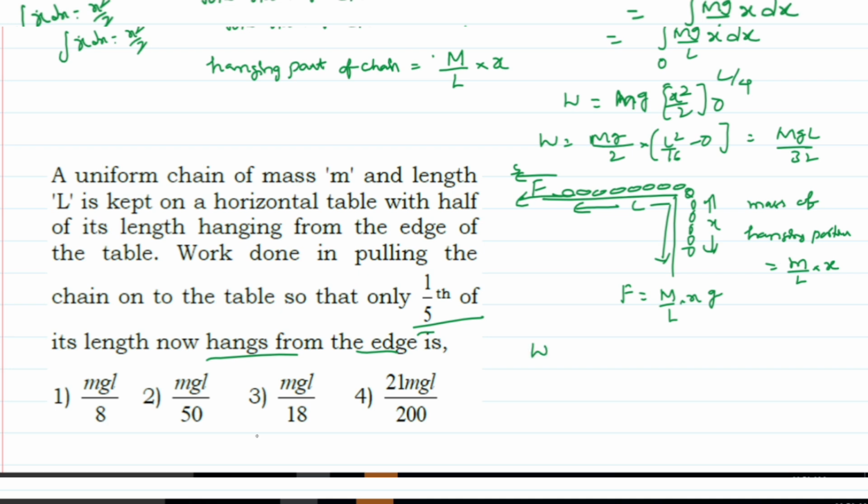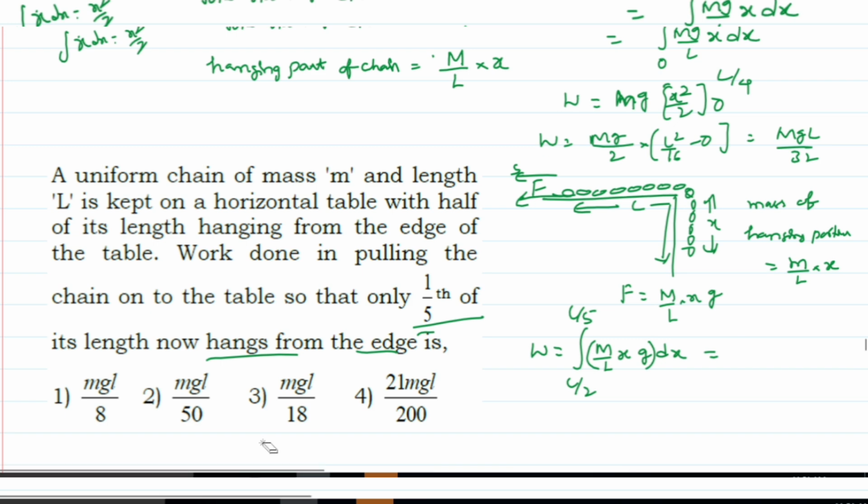Now you have to apply the work done value: work done to pull the rope from L by 2 distance to L by 5 distance. Force into displacement will be along the same direction: m by L into x into g into dx. This is the force into displacement. So now you take the m outside.